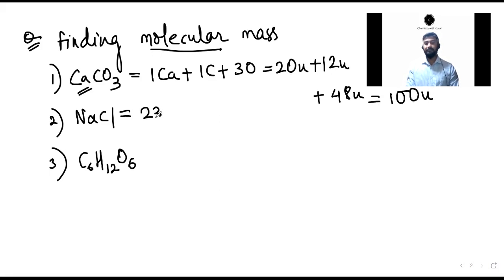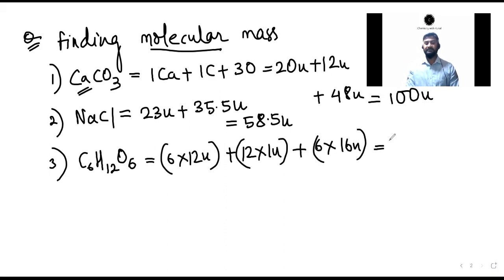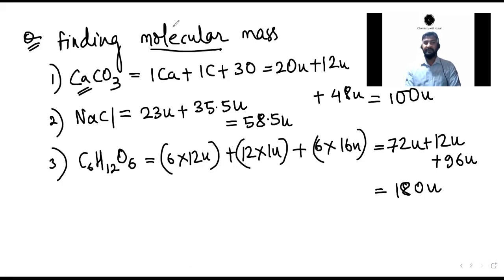Similarly, this one will be 23 U of sodium and 35.5 U of chlorine, which will give me 58.5 U. What's the mass of glucose? 6 into 12 U plus 12 into 1 U, and plus 6 into 16 U, which will give me a total of 72 U plus 12 U plus 96 U. If we add them up, the value will come out to be 180 U. This is how we can find the molecular masses.